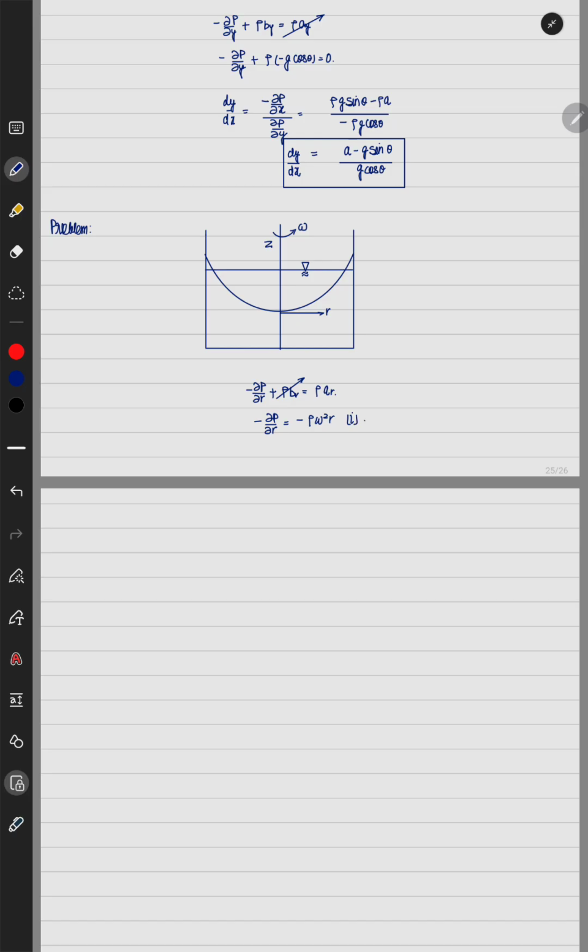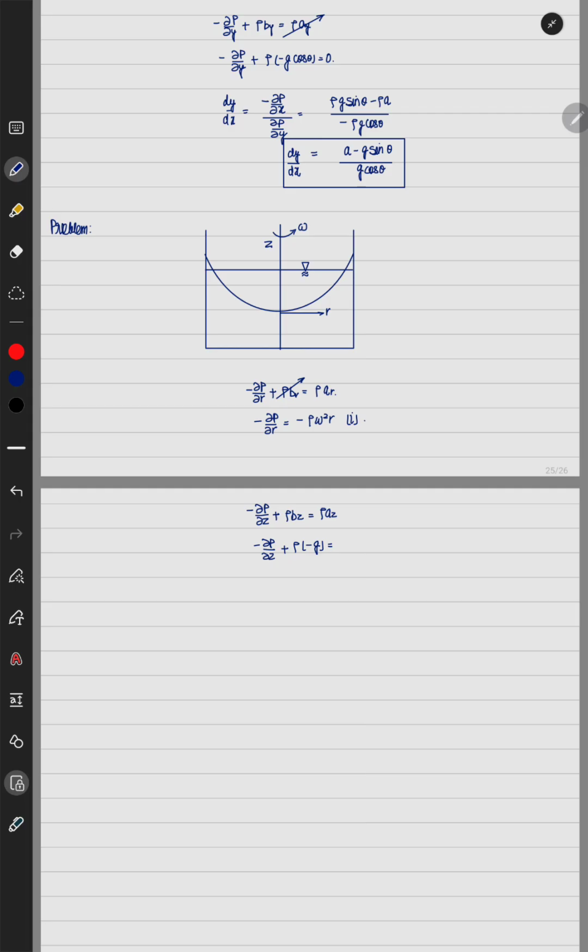Okay, the second equation can be given by minus del p by del z plus rho into bz is equal to rho into az. Acceleration in z direction is given by body force in z direction, body force per unit mass, is given by g. G is in downward direction. If g is in downward direction and we are taking the upward direction as positive, so what I can write is minus del p by del z plus rho into bz is minus g.